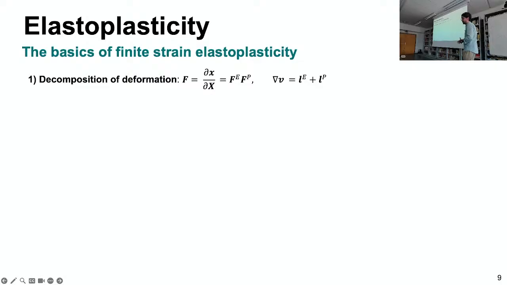So you have your deformation gradient, and you assume a multiplicative decomposition of this deformation gradient into an elastic part and a plastic part. And for the velocity gradient, you also have an additive decomposition of the elastic and plastic part.